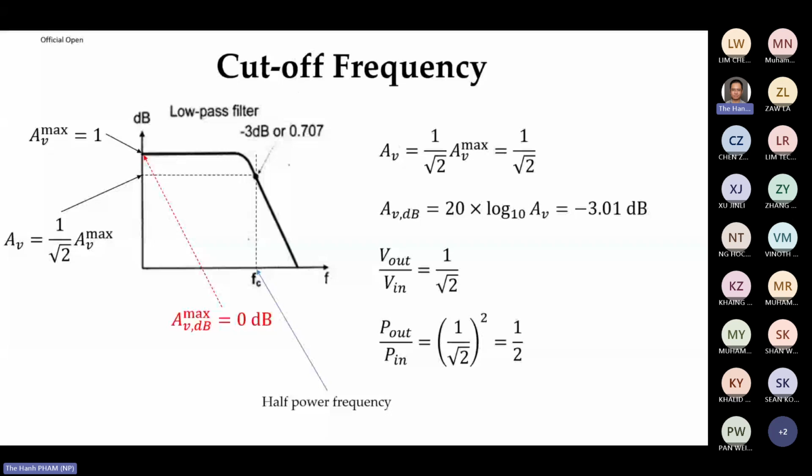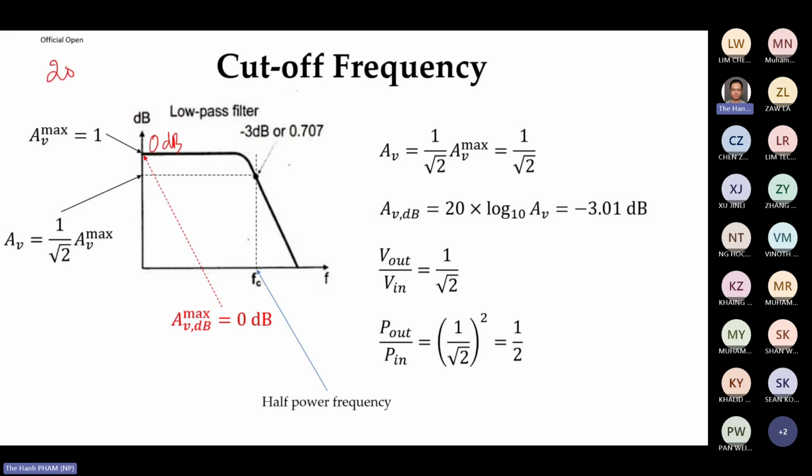So let's take a look at the cutoff frequency. For example, this is the max, and you bring it down by 3 dB. Imagine the max gain here is 1. It means you have 0 dB here, right? So the gain is 1, then it is 0 dB.